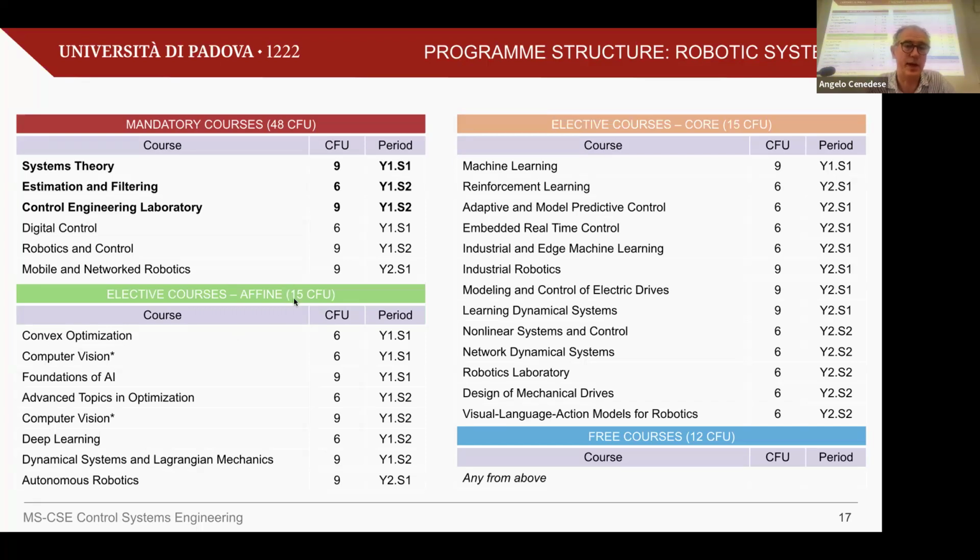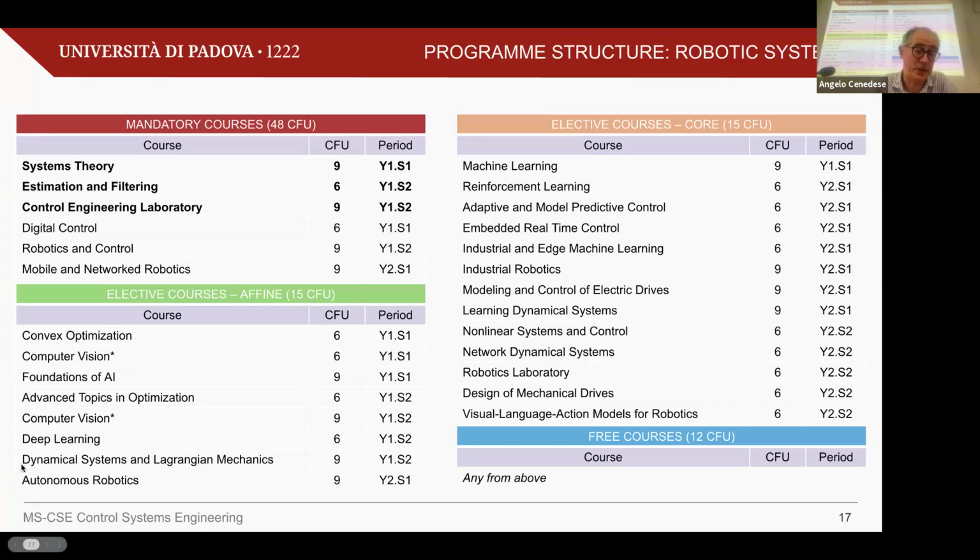And here, since we are composing this pack with 15 CFUs, we have both the computer vision courses that can be taken within the affine group. So the courses that are not related to automation, but they are related to telecommunication and computer science, and so on.